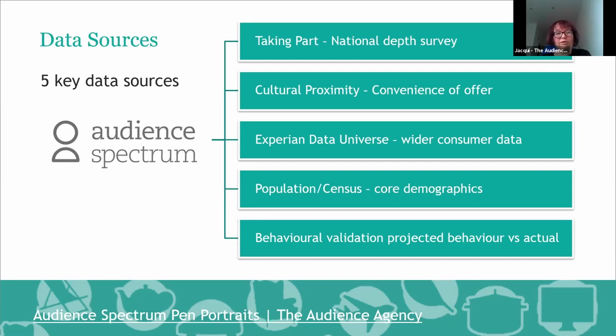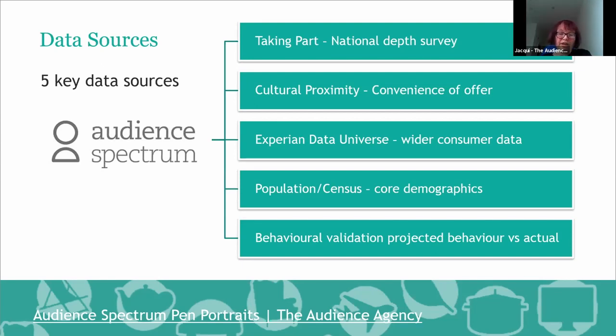And all of that information we can look at through demographic profiling, but also through audience spectrum. So you can start to build an understanding of why people who were in your audiences haven't yet started to come back, whether there are some COVID impacts which are making them feel less comfortable, for example, about returning.